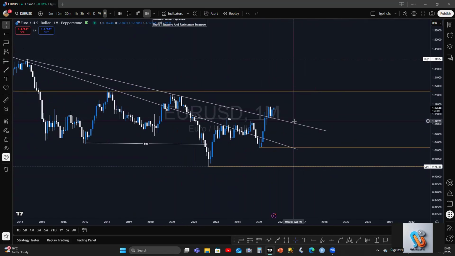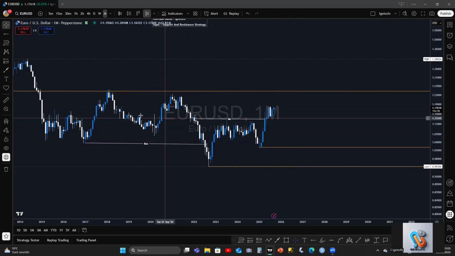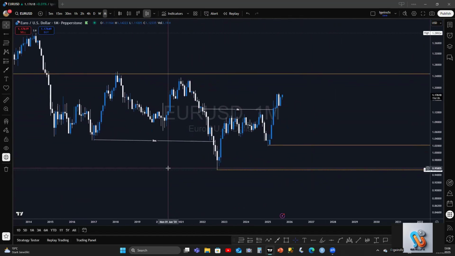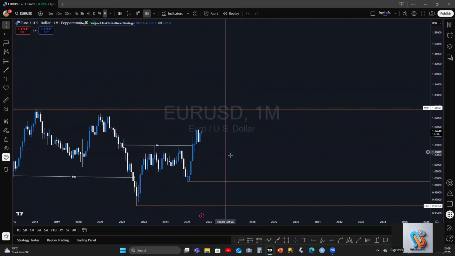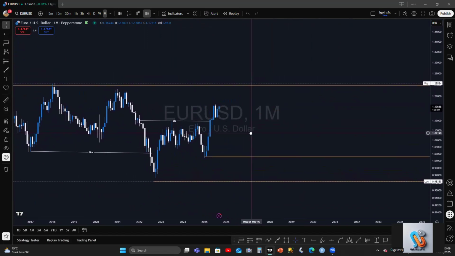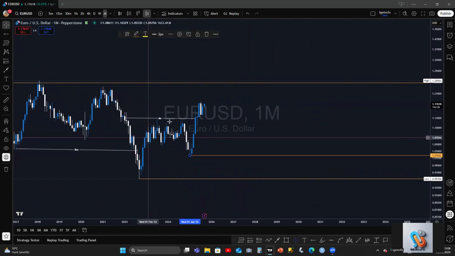I'm just showing you, I'm not a fan of trend lines. I don't like rubbishing my chart. I like my chart being neat and clean. So what we are analyzing right now, and the strategy we need to apply here, is support and resistance.